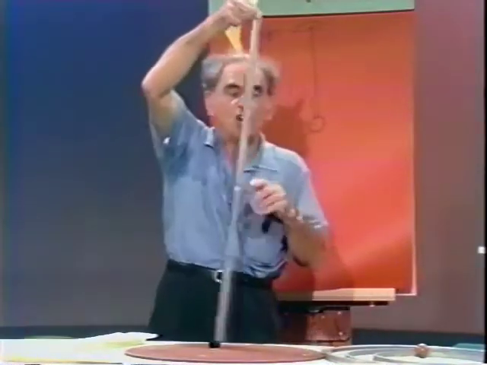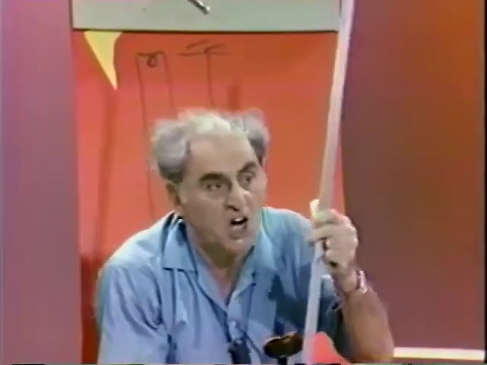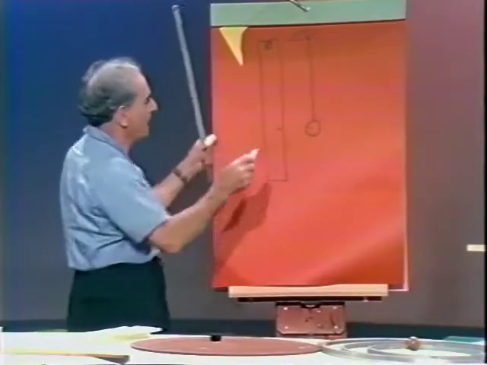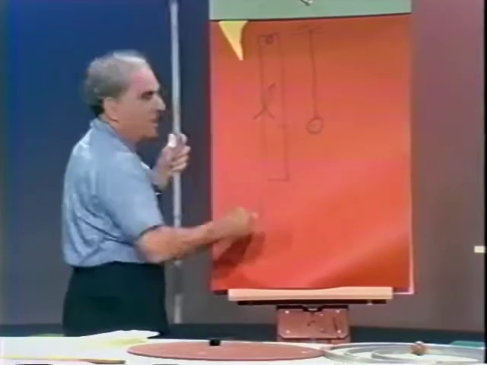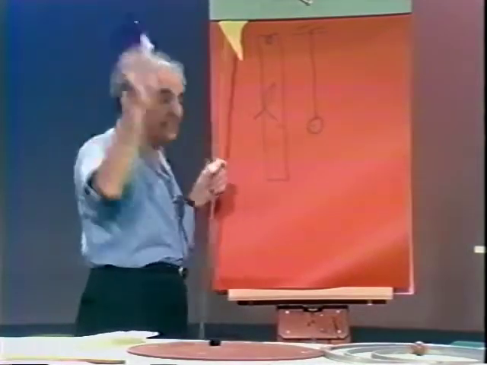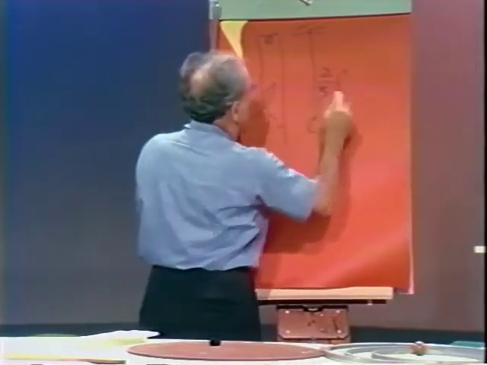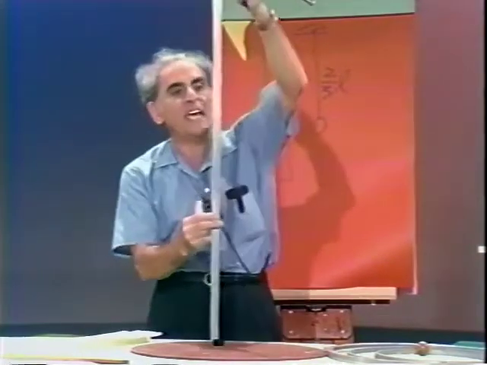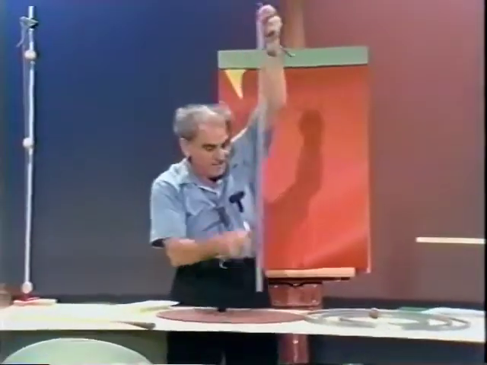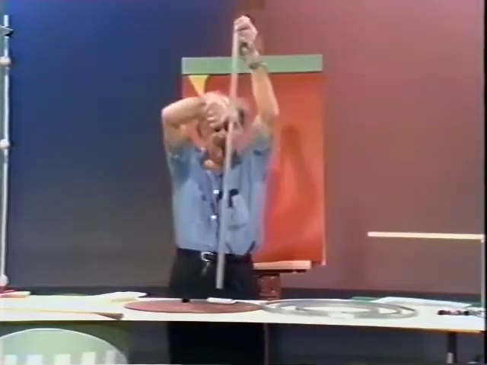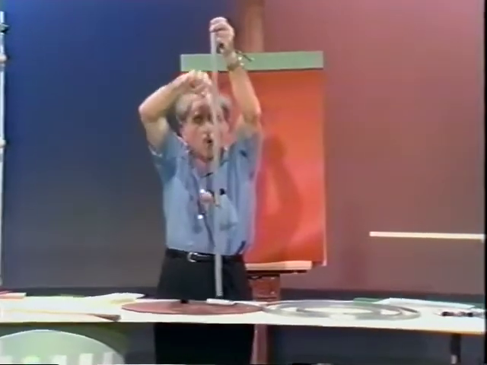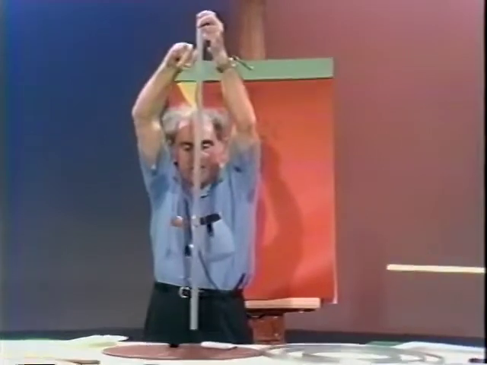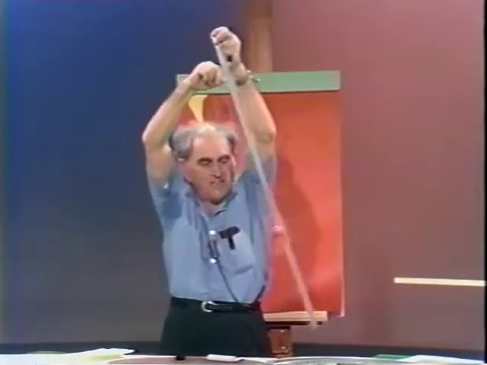Now, how long is the simple pendulum that has the same period as this rod? Wonderful. If this rod is length L, the equivalent simple pendulum is 2/3 of L. So if I had a simple pendulum hanging here in this fashion, which was 2/3 as long as the rod, and I put them into oscillation together, they would stay in phase, meaning that they would keep step in step.